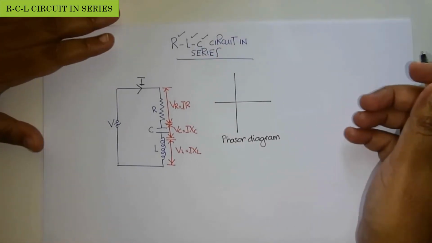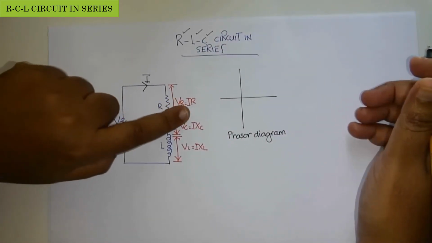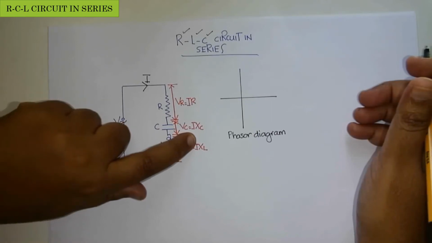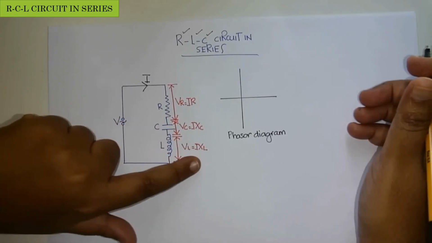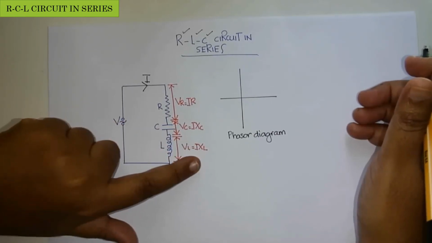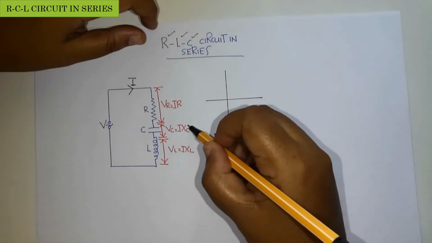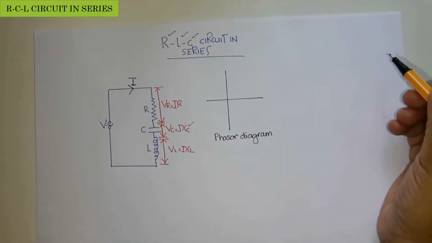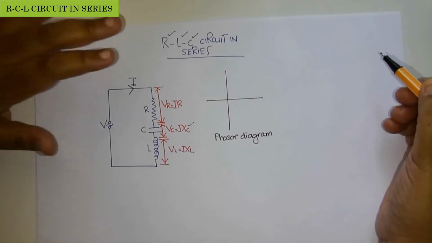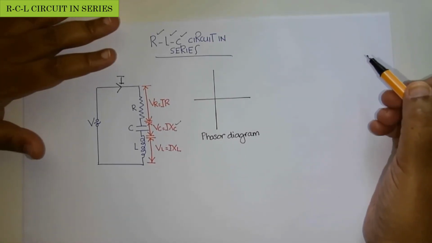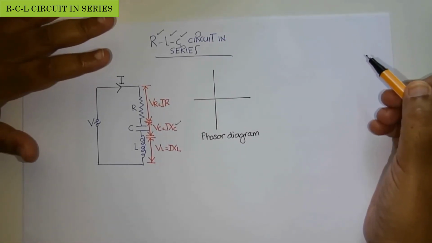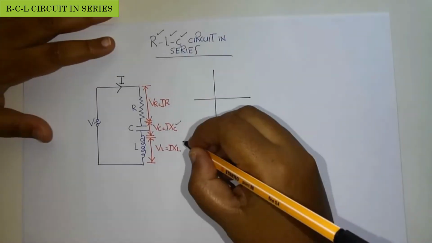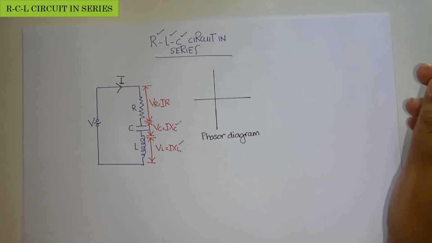So here we know VR equals IR, VC equals IXC, and VL equals IXL. XC is the capacitive reactance, XL is the inductive reactance.